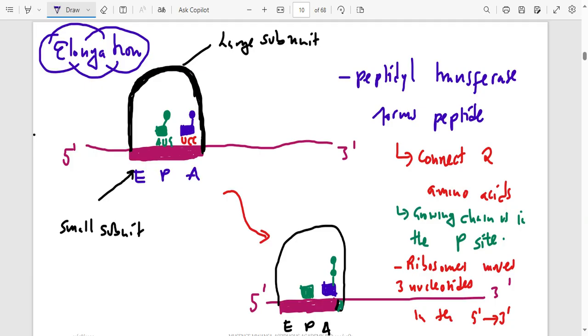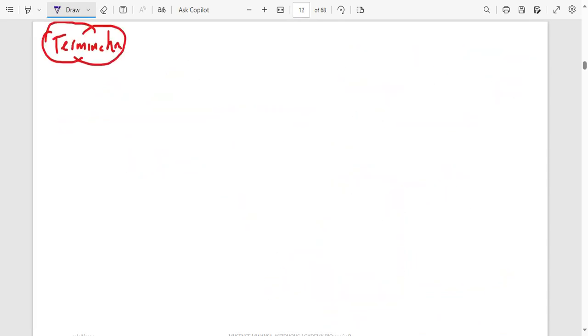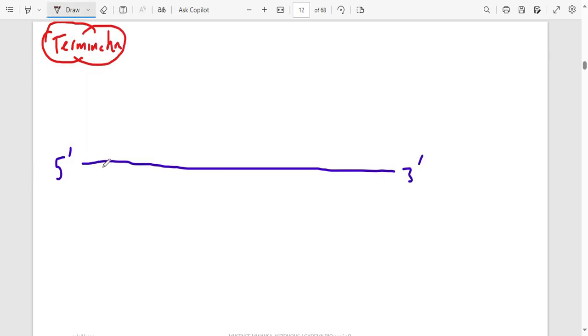So now, what is happening in termination? In termination, we are actually going to read some sequence. Again, this is the 5' end. This is the 3' end. There is our small ribosomal subunit.